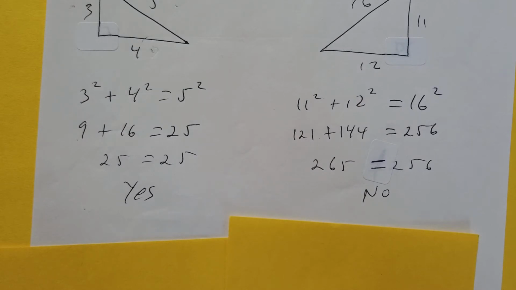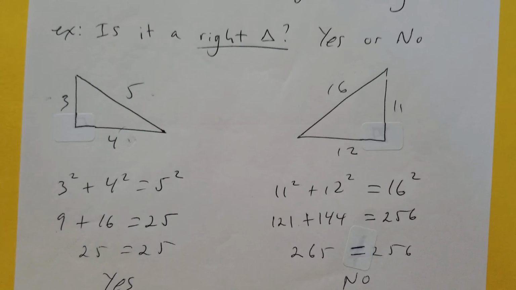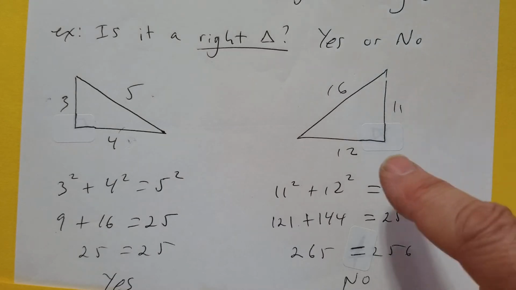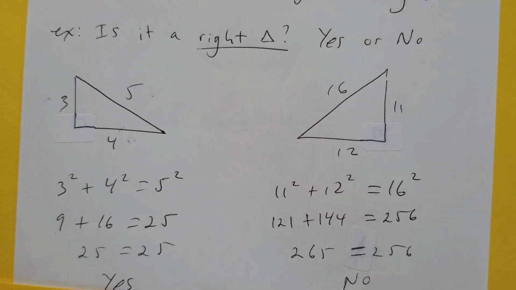Okay, we checked. Now, keep in mind, try to understand the difference between what we did before and what's going on here. Here, we have the three sides. We're not looking for a side. The only time we can look for a missing side is if we have a right triangle.